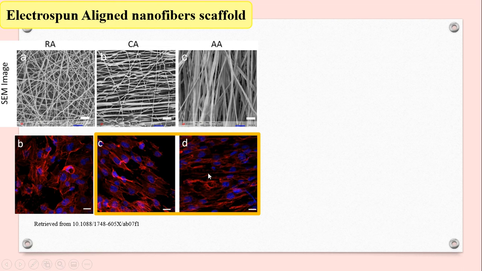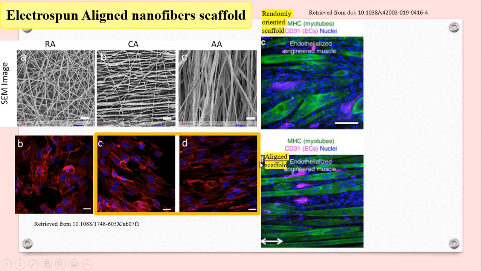Another group led by Nakayama compared the degree of endothelialization in aligned nanofiber scaffold or randomly oriented scaffold. These are immunostaining results.